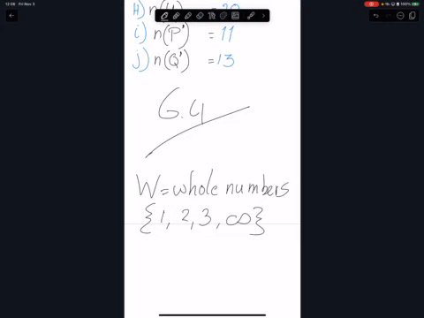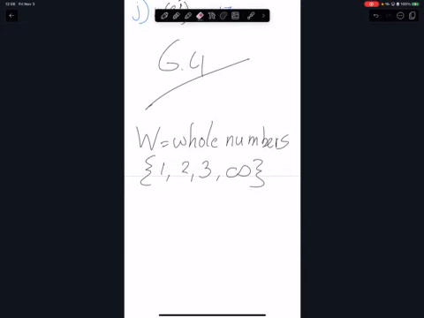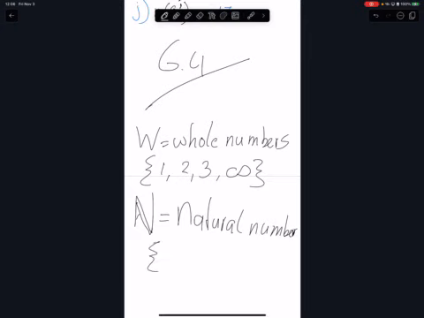And eventually, many people, they were crazy themselves, and then formed N, which is the natural numbers. What are the natural numbers? The natural numbers are the whole numbers. The only difference is you have a 0, 1, 2, 3, to infinity.